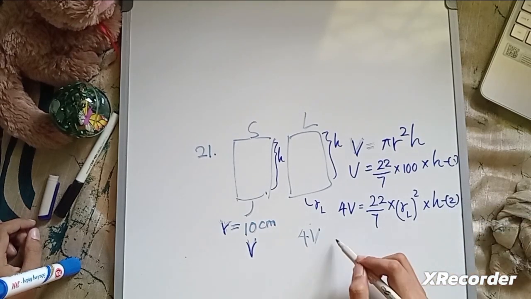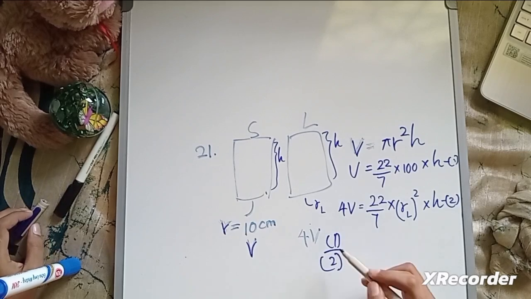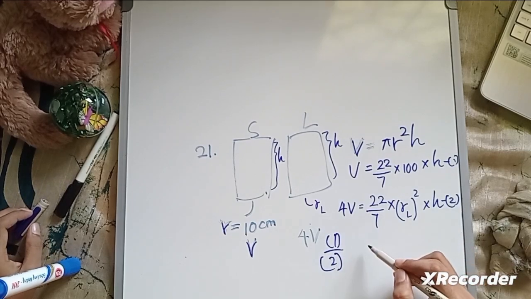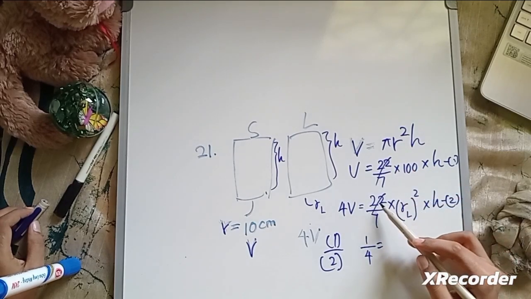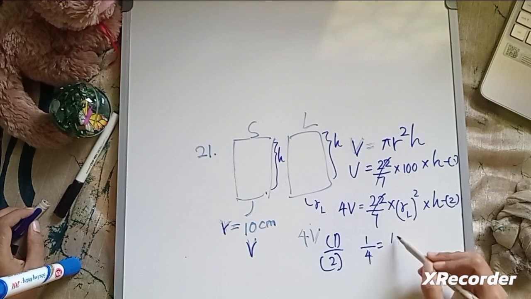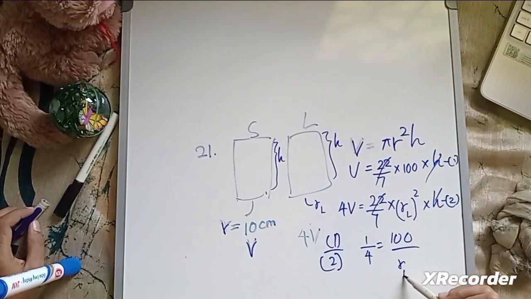So by dividing 1 from 2, this can be removed, and we get 4 equals RL squared over 100.